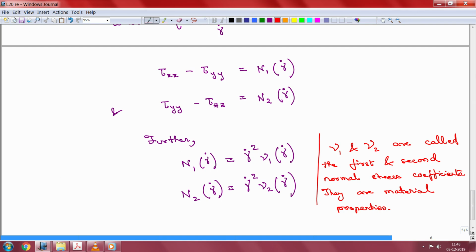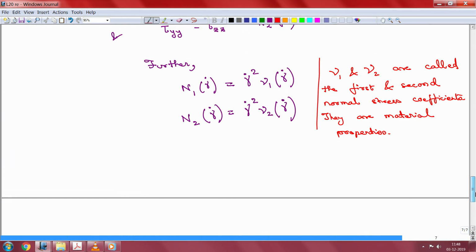Now, the reason we are discussing these normal stress differences is because this is one way in which complex fluids or viscoelastic fluids start to differ from the Newtonian fluids, right. And this leads to very interesting effects, and hence they have to be accounted for.